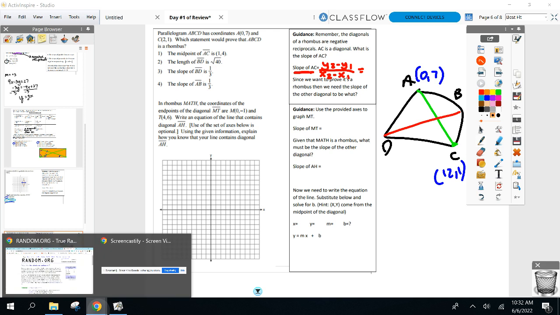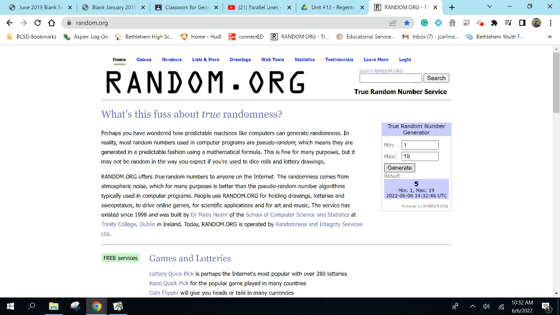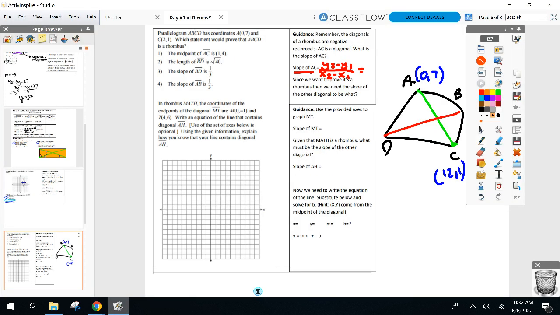When you get the slope, let me know. Jackson, let me know when you get the slope. Subtract your y's and then subtract your x's. Positive or negative, be careful. -3.